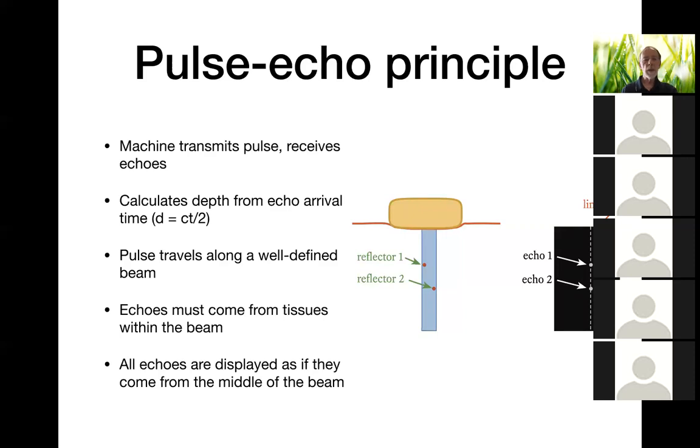And so it displays all of the echoes along a single line, which represents the central axis, the middle of the beam. And that's another essential assumption the machine has to make, because it can't determine whether things are coming from the left or the right or the middle of the beam. It displays everything as if it was in the middle of the beam. And that quite significantly degrades the image.